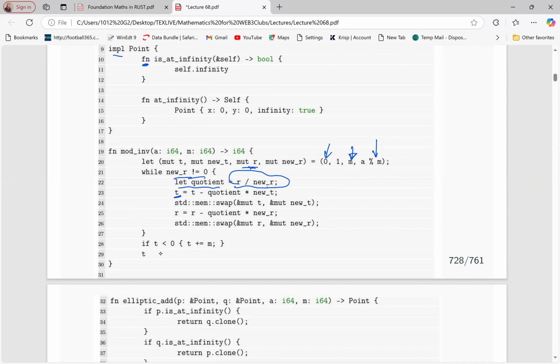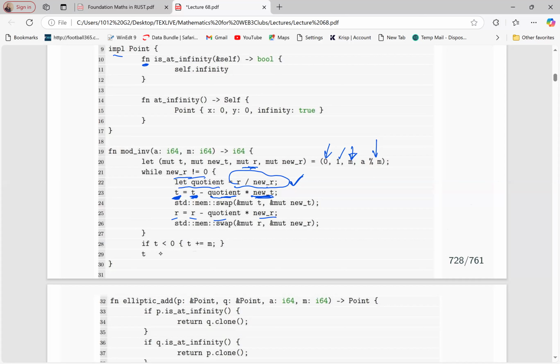But now our new T becomes the original T minus this quotient multiplied by new T. Our new T was 1. Then what about new R? Our new R becomes the old R minus quotient times, and so on.